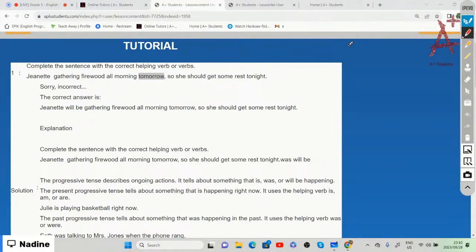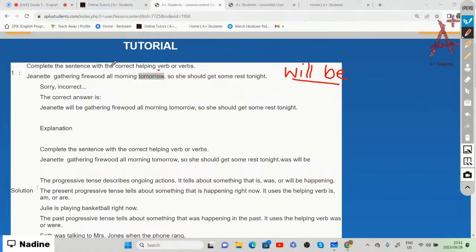So if we add the helping verb within that sentence, we will say will be. If we reread that sentence, we will say, Jeanette will be gathering firewood all morning tomorrow. So she should get some rest tonight.